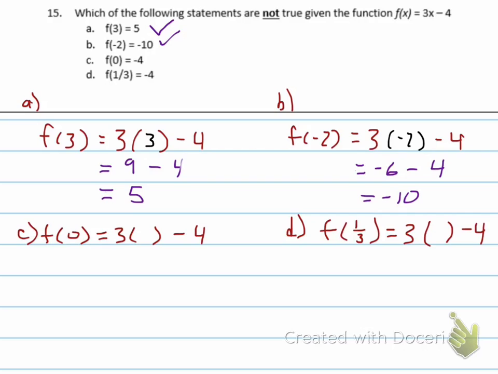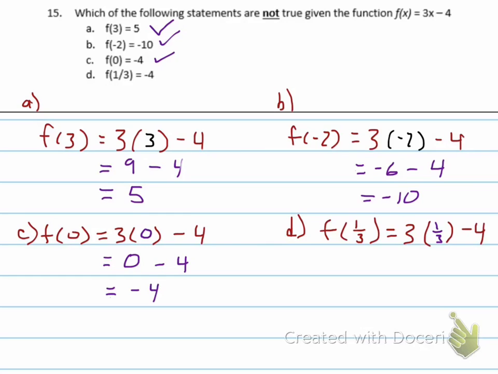Oh, this is supposed to have a 0 here. And this is supposed to have a 1/3 there. Okay, so what is 0 minus 4? 0 minus 4 equals negative 4. Check. And then 1/3.